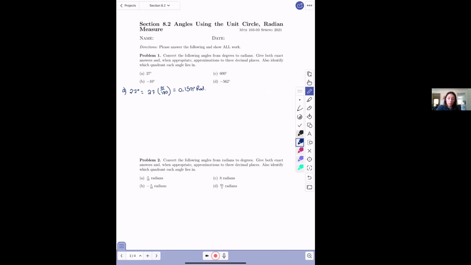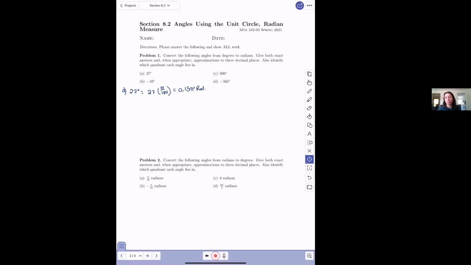Okay, so now these two angles, 0.15 pi radians and 27 degrees, are exactly the same. If you were to draw them both out, they would overlap and they'd look exactly the same. In this case, it's easier for me to look at degrees, because I can't really do that multiplication of 0.15 times pi in my head to know how big that number is.